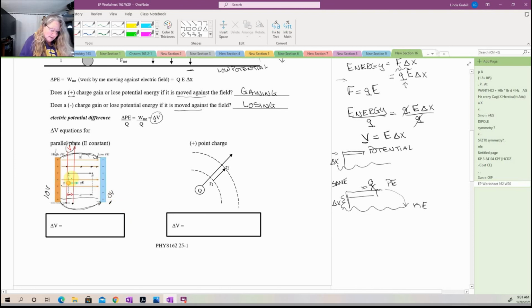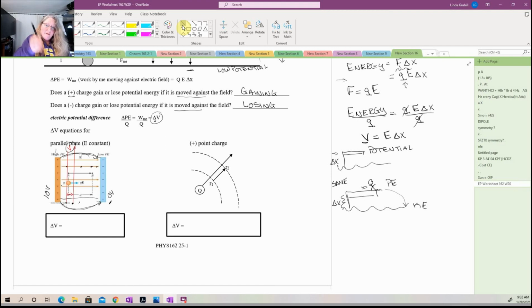We should really take the charge out there, because I'm not talking about an actual charge interacting, I'm looking at my probe. What I would see is just a linear change, because my field lines are always going to be perpendicular to my potential lines. If you measure those carefully in lab, you would get very evenly spaced potential differences, a linear change from point to point.